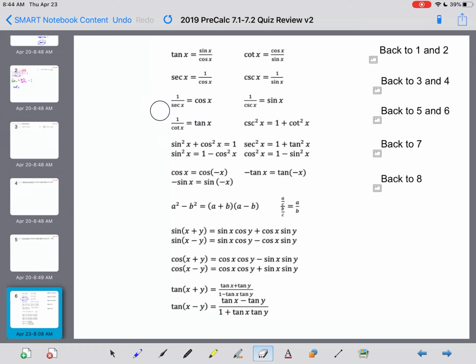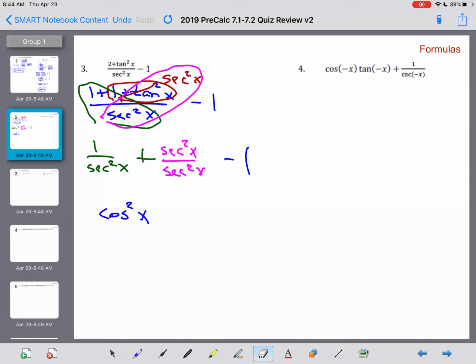And going back here to this piece, oh, wrong page here. And we also know that secant squared over secant squared is 1, and then I have this minus 1, and these guys cancel, so I'm just left with cosine squared of x.